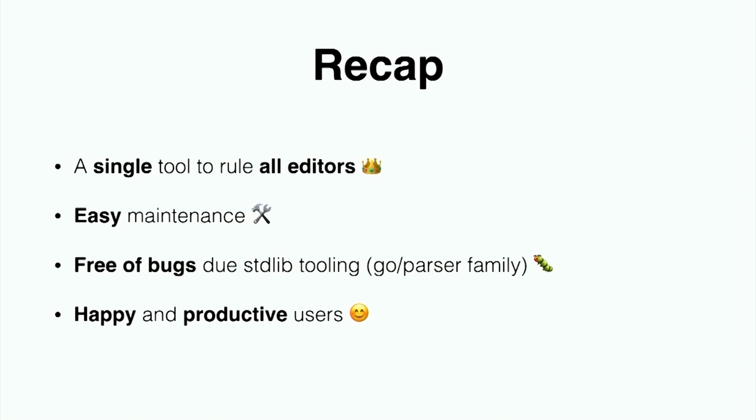And it doesn't have any bugs because the Go parser is already used by millions of other people, or Russ said 500,000 or whatever. So if there is a bug, there's probably someone who already fixed it, so I don't deal with it anymore. And finally, in the end, we have many happy and productive users. And this, ladies and gentlemen, is, I think, what matters in the end.